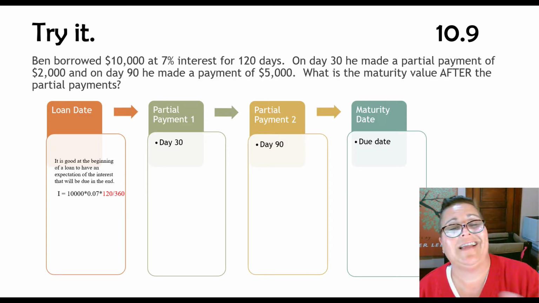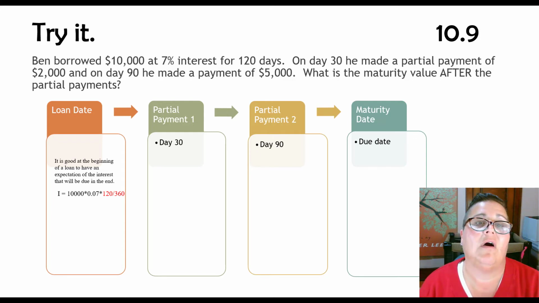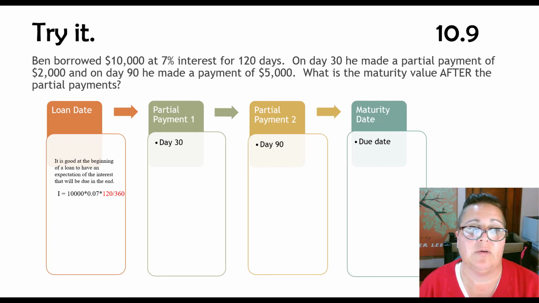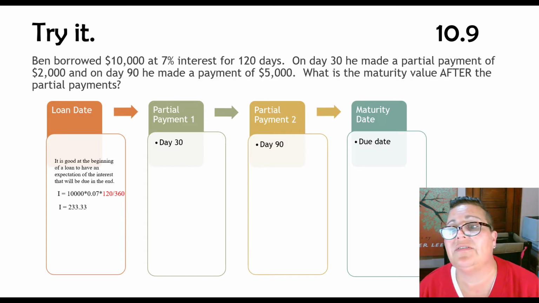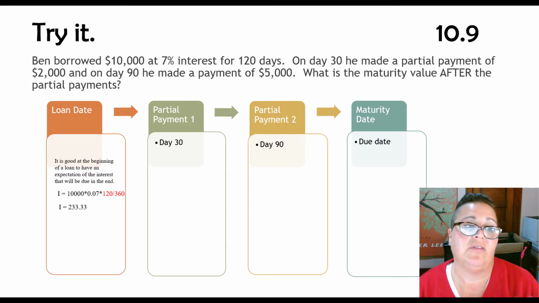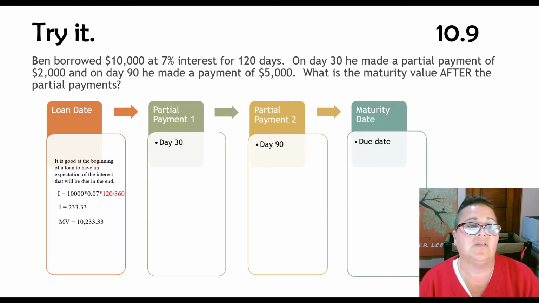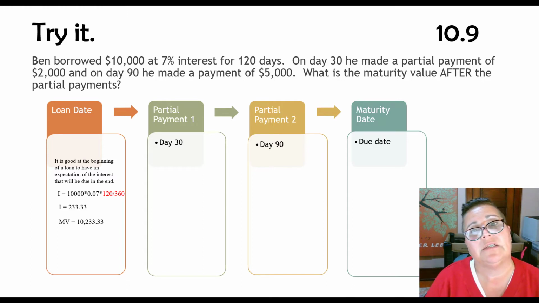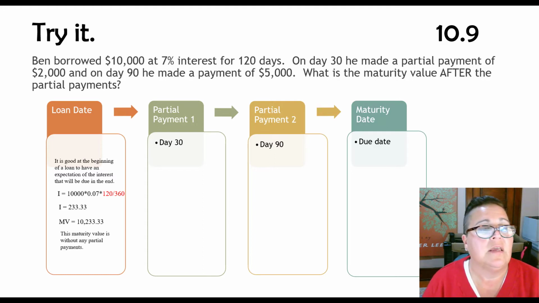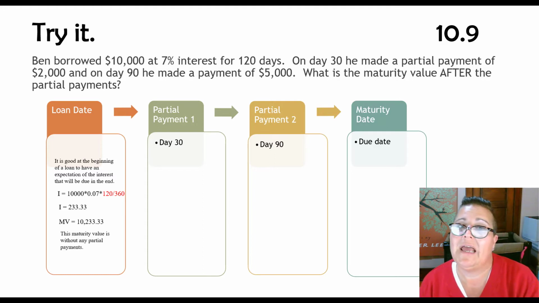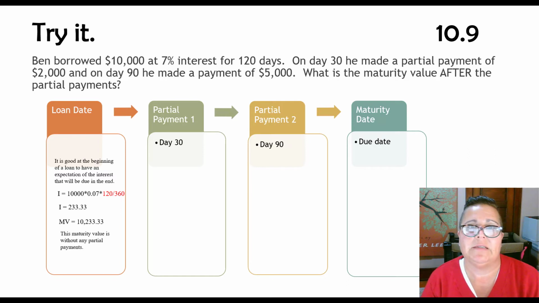Keeping in mind, it doesn't say anything about ordinary or exact interest, so our default position would be the ordinary interest. This gives us interest of $233.33. The maturity value is the principal of $10,000 plus the interest. So our maturity value would be $10,233.33. This maturity value, once again, is without any partial payments.